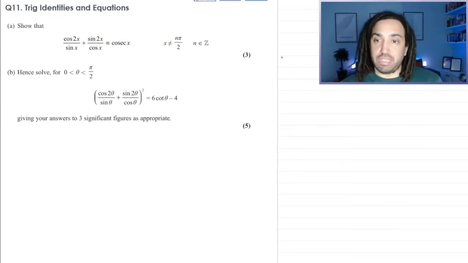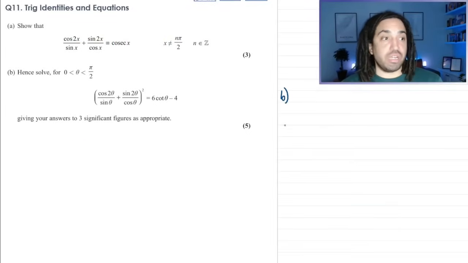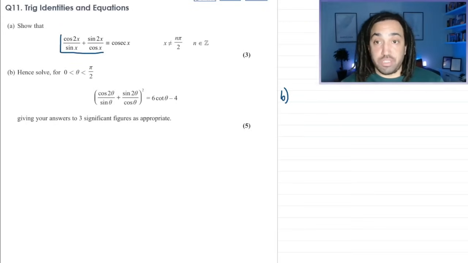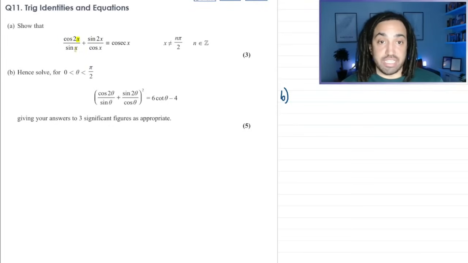Okay, part B, and it says hence or otherwise we need to, oh no, it says hence solve, so there's no otherwise, we need to literally use this identity. Well, the first thing to look for is that when we have a question like this, the identity tends to be in terms of x, and then the actual thing we're trying to solve tends to be in theta.